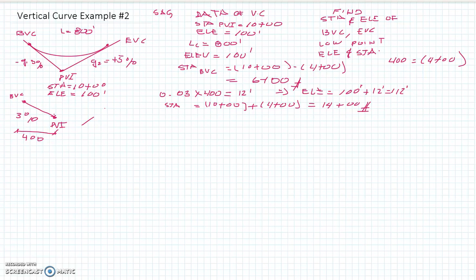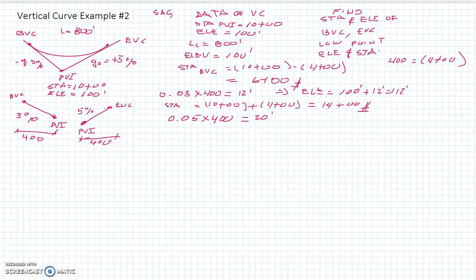Now I'm going in this direction and I need to find my elevation. This is the end of my vertical curve, and this is my PVI. Now my slope is 5% going up. The distance is still 400 feet. And the rise from the PVI to this point is just 5% multiplied by 400, so in decimal 0.05 times 400, and it's equal to 20 feet.